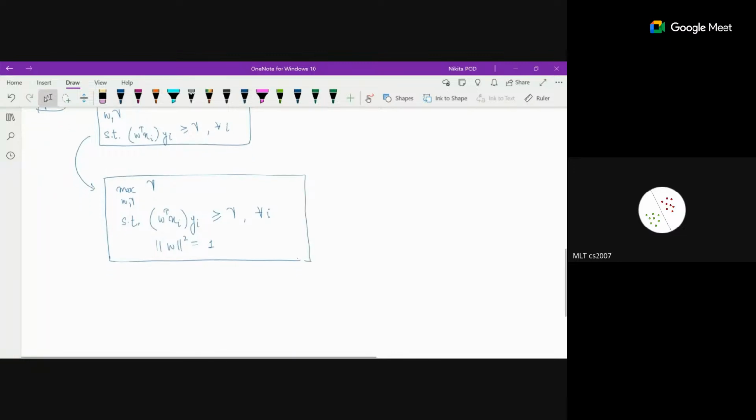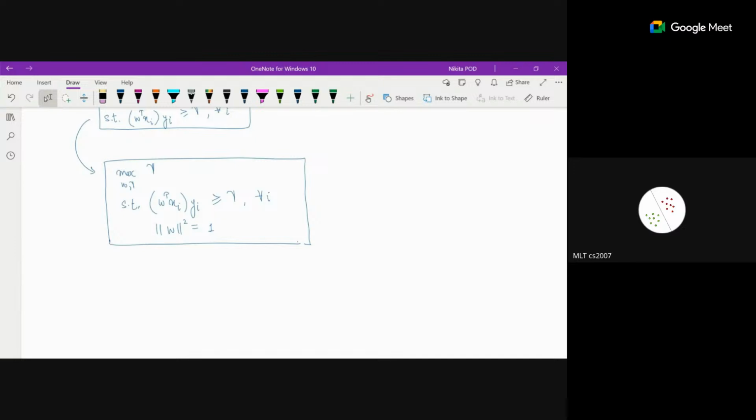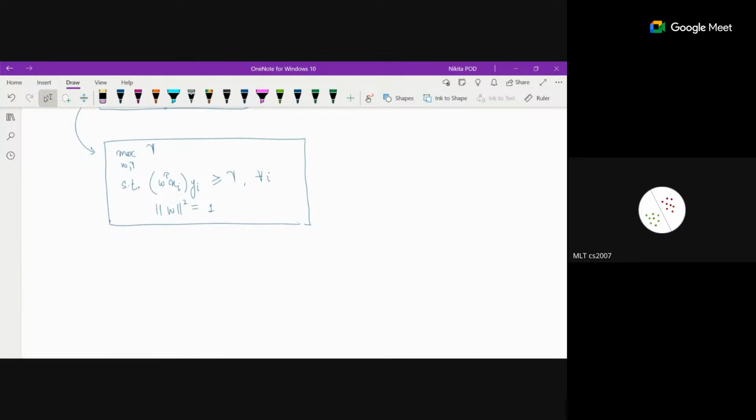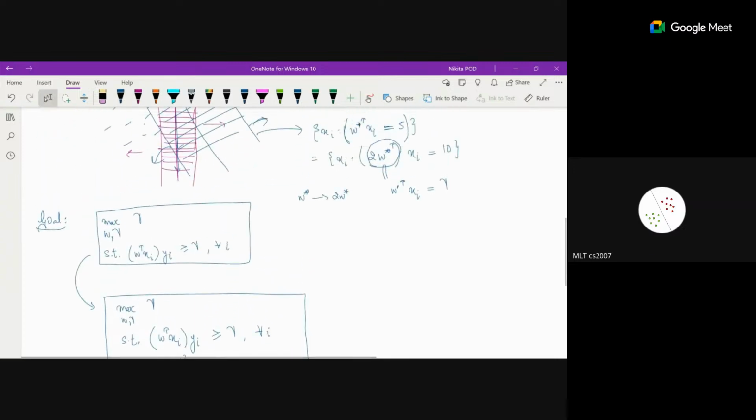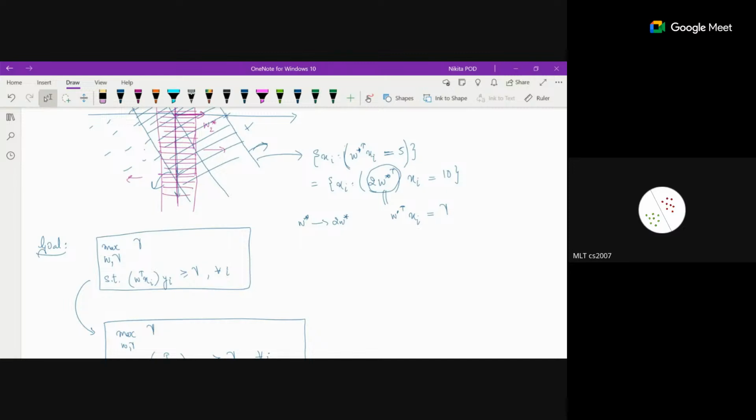Now what else can we say from here? What we saw is that now we want to maximize gamma with respect to these constraints, restricting w to 1. When we are restricting w to 1, we can go back to this figure. Let's say this is still w star transpose xi equal to 5.